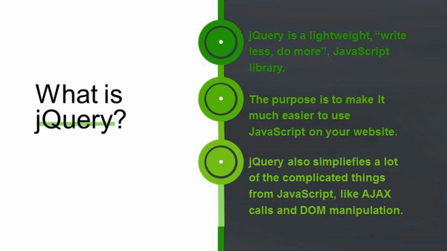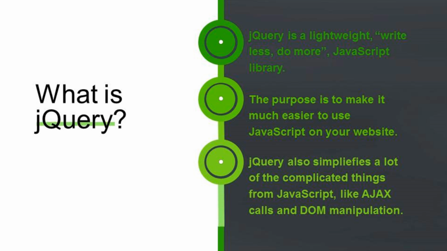So what is jQuery? Well, jQuery is just a lightweight, write less, do more JavaScript library. It has a ton of JavaScript functions that we can perform versus just normal old-fashioned JavaScript.